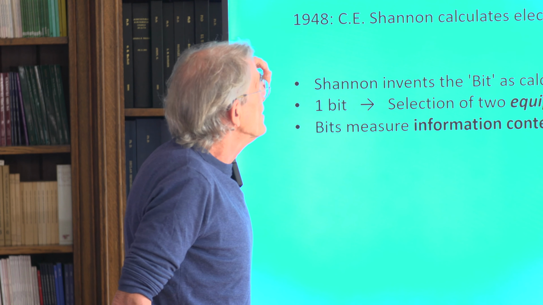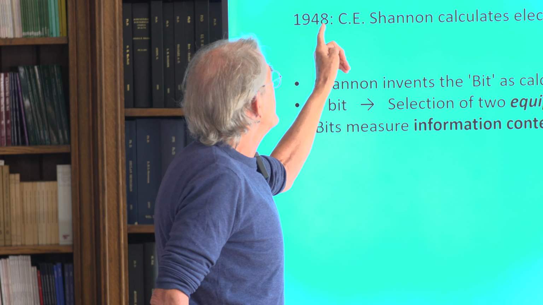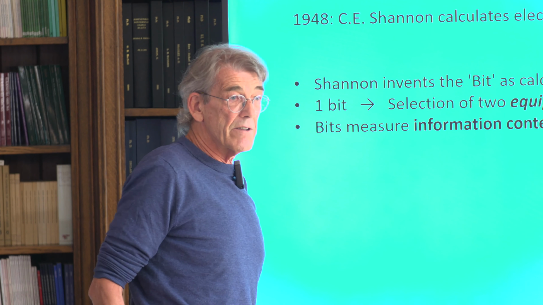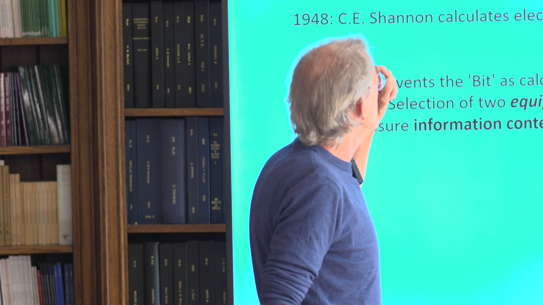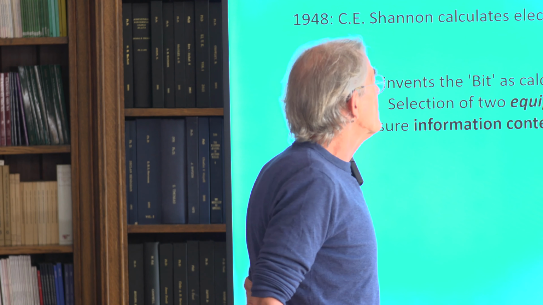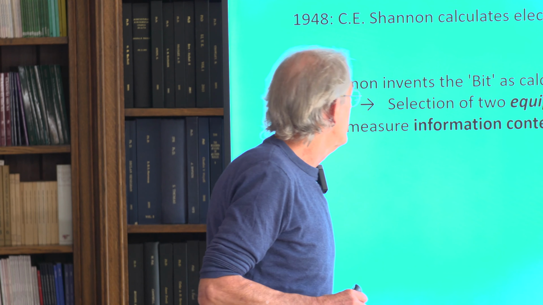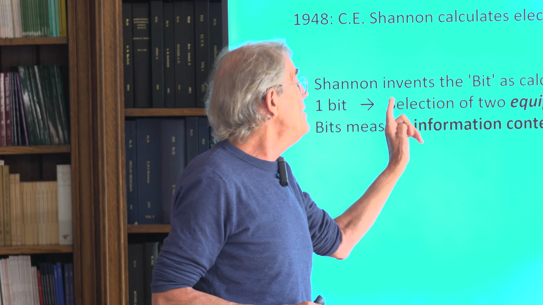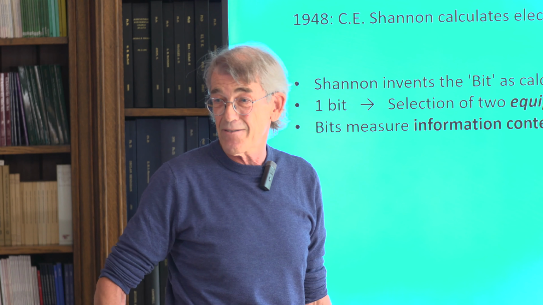The bit is a really new concept, because it stems from 1948, when an engineer of a telephone company tried to calculate the electric flow in the cables. And he invented the name bit as binary digit.